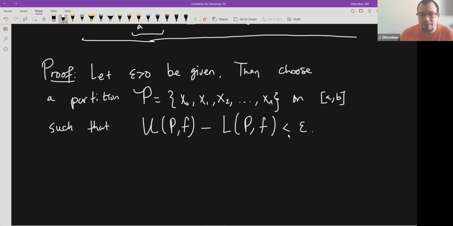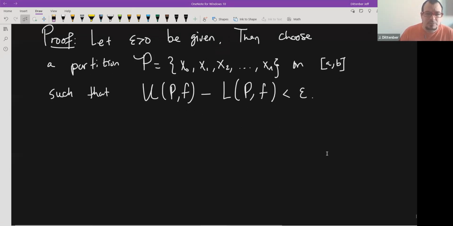And so that theorem says if your function f is Riemann-Stieltjes integrable on an interval from a to b, you can find a partition for an arbitrary epsilon such that the upper Riemann-Stieltjes sum minus the lower one is less than epsilon. Epsilon is arbitrary, that means they're equal. So we're going to use this theorem from Riemann-Stieltjes integrals, and because the Riemann integral is just a special case of that, we can apply that here.